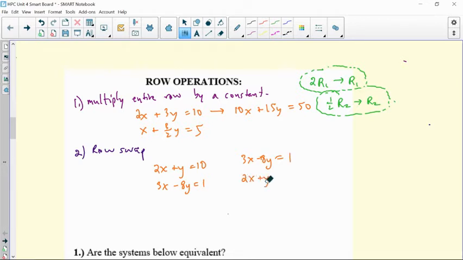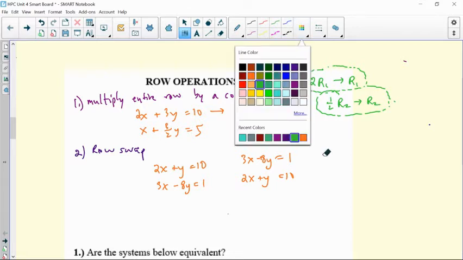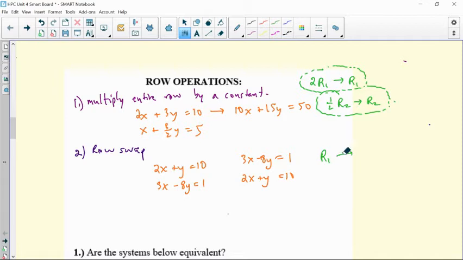You're just switching row 1 and row 2. You haven't changed anything, and sometimes it's nice to switch those rows around. So you're swapping row 1 with row 2, and you just write that language there.